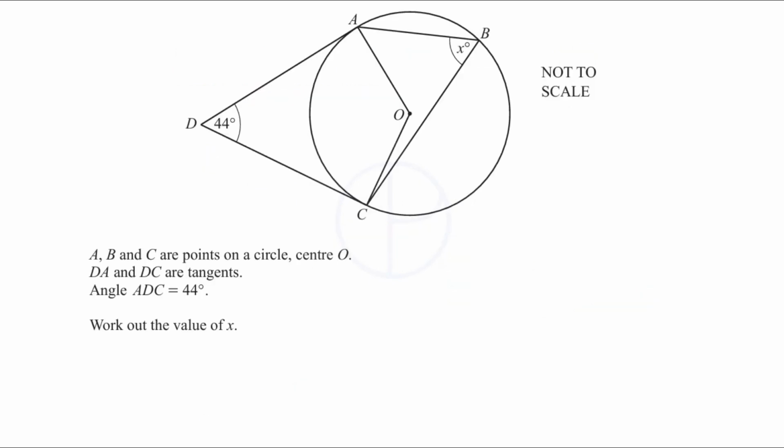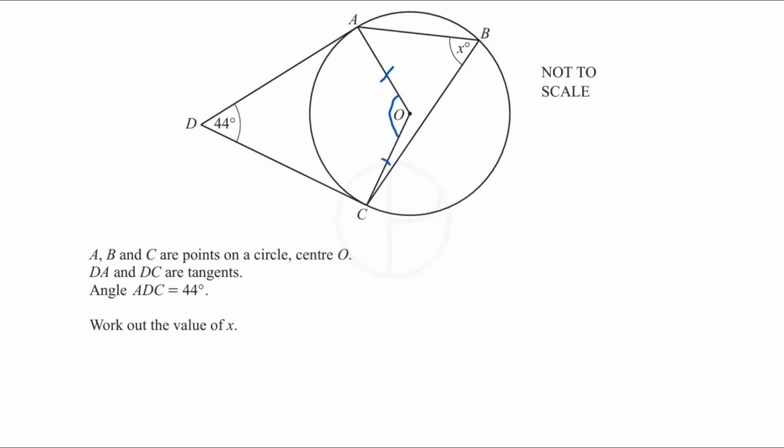Let's solve this question. A, B and C are points on a circle, center O. DA and DC are tangents. Angle ADC is 44. Work out the value of x. To find the value of x, let's first find the angle at O. So here OA and OC are radii.